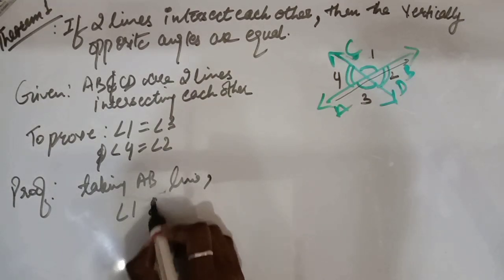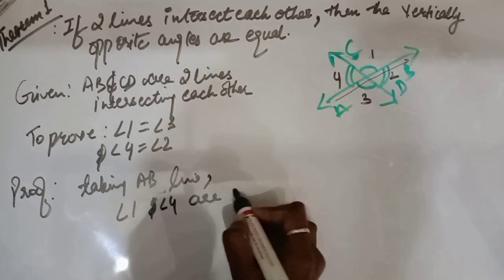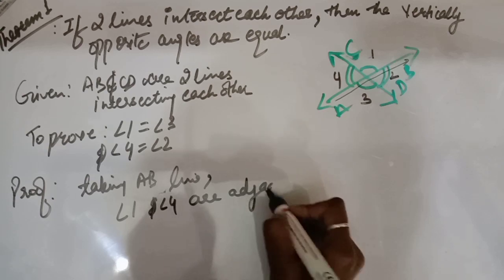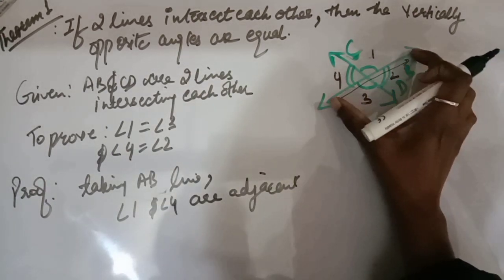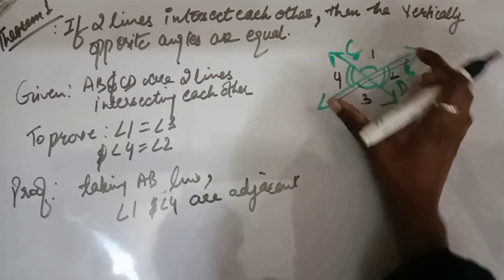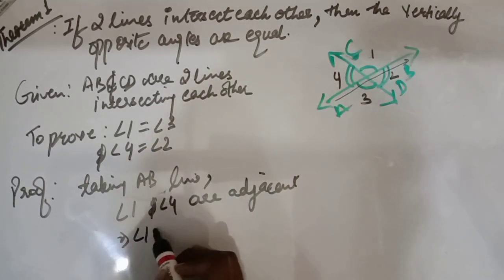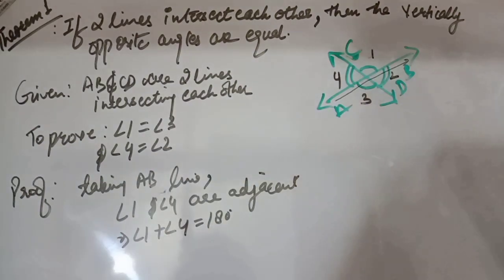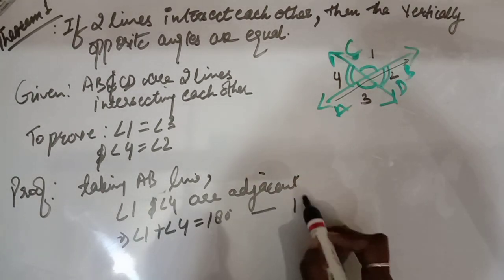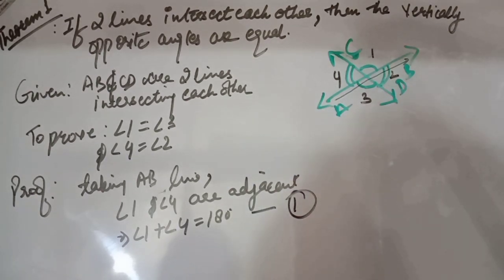Angle 1 and angle 4 are adjacent angles, and it is making a straight line, and we can write it as angle 1 plus angle 4 is equal to 180 degrees. Let us take this as equation 1.